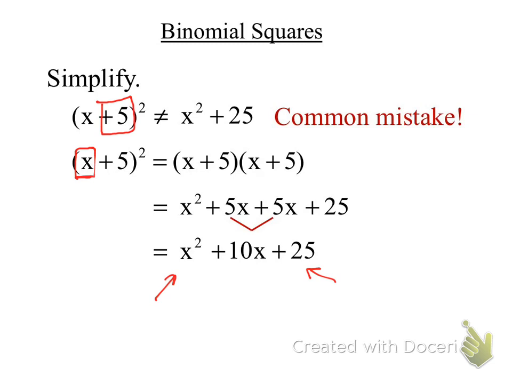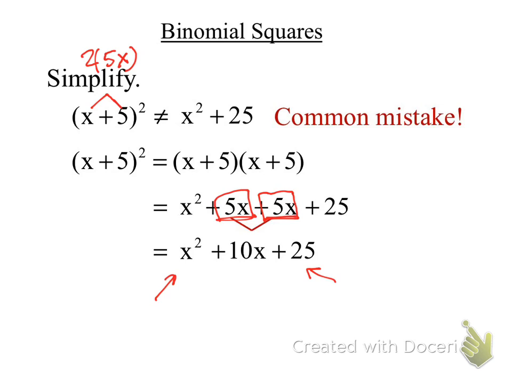The shortcut is we multiply both terms together, x times 5, and what do I get? 5x. And then don't I multiply it twice? Times 2, right? Because I have two 5x's here. So do you understand why it's 2 times x times positive 5? That gives me my 10x.